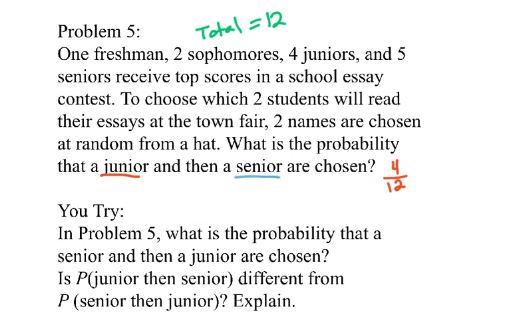And then they're going to choose a senior, and we're going to multiply. Now we have 5 seniors, but we've already chosen 1 junior, so now we only have 11 people left to choose from. This would give us 20 over 132, which would reduce to 5 over 33.